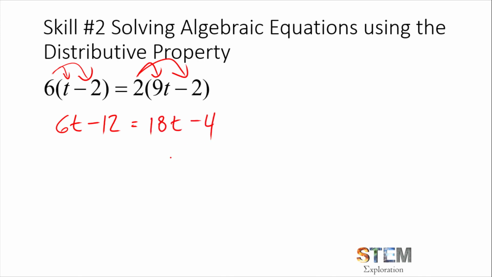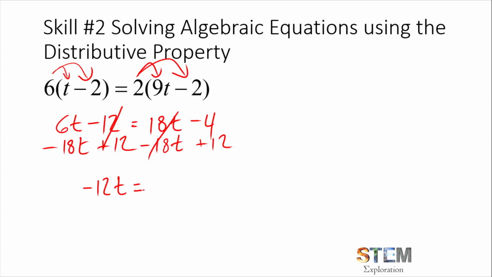then what you should do is switch back to the addition and subtraction that you can do. Pick a variable on one side, pick a constant on the other. My general habit is to put the variable on the left-hand side and the constant on the right-hand side. What you should be seeing here is I'm just applying opposites to where things need to be canceled. Those would cancel. I have negative 12t equals positive 8.